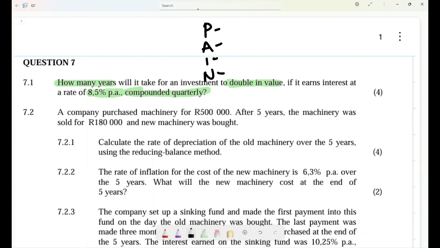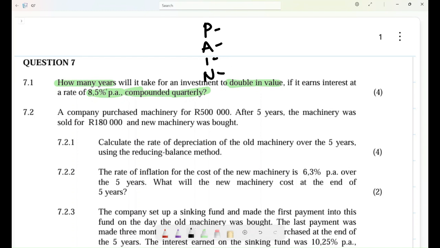Then A is the amount that you get back. Remember, A is the value that you get back after an investment. Then I is the interest rate. Therefore, N is the number of years.